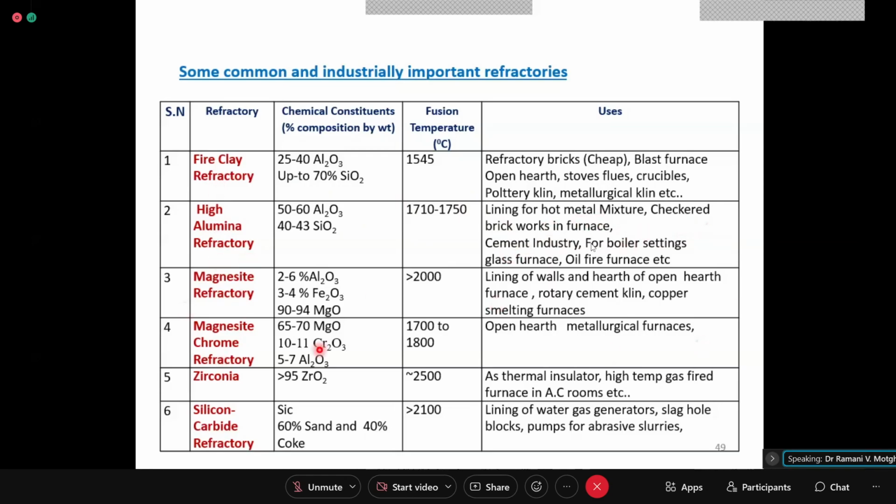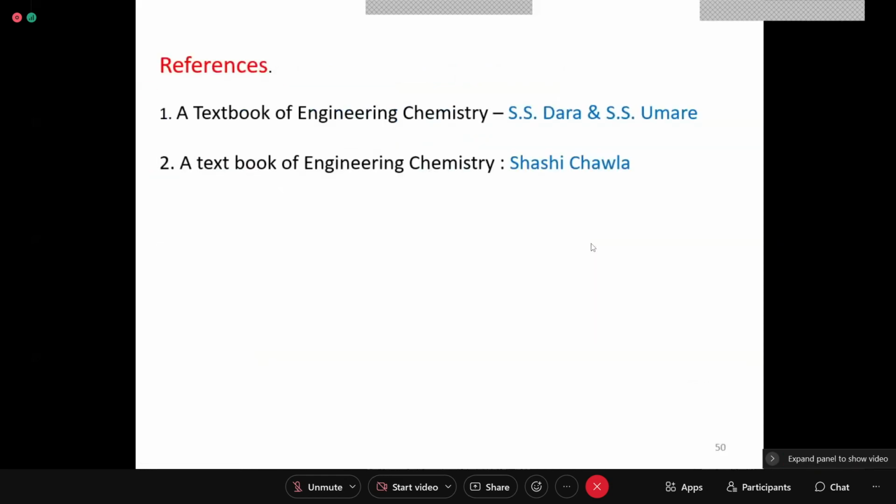This is kept only for your understanding and knowing which type of furnace uses which type of refractory material. And these are two textbooks from which you can read this particular topic.